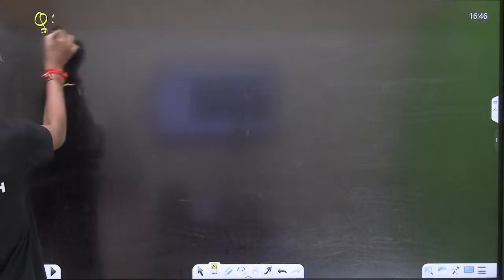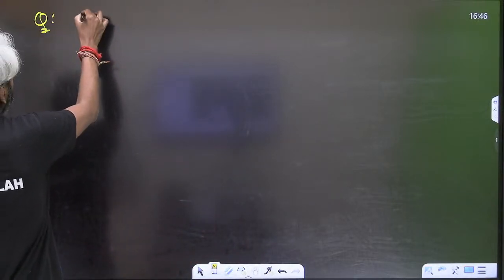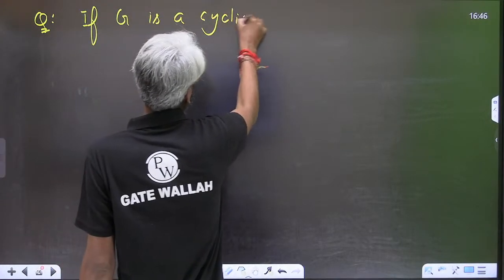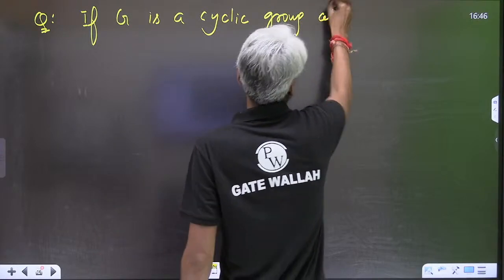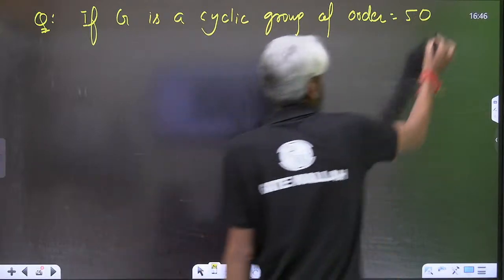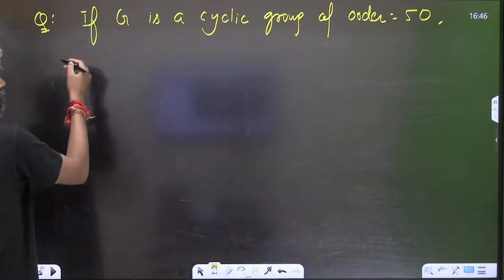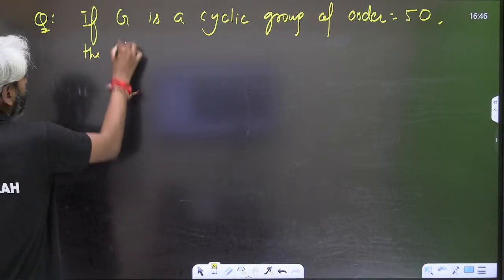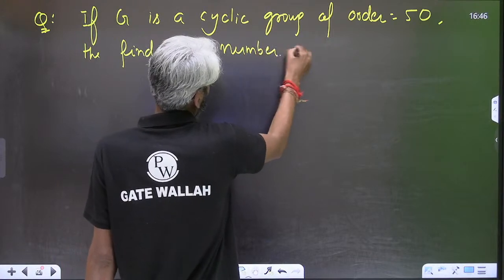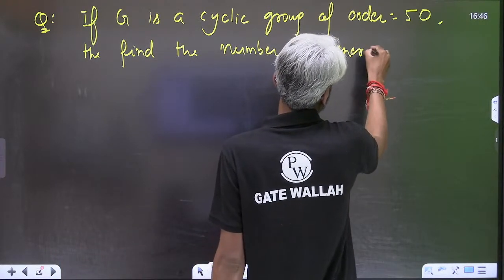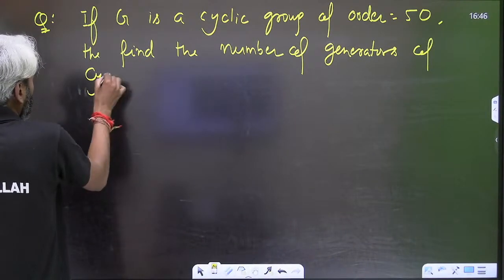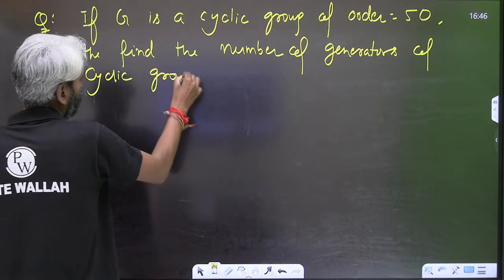So if G, the cyclic group of order equal to 50, is a cyclic group of order 50, then find the number of generators of the cyclic group G. So there are two ways.